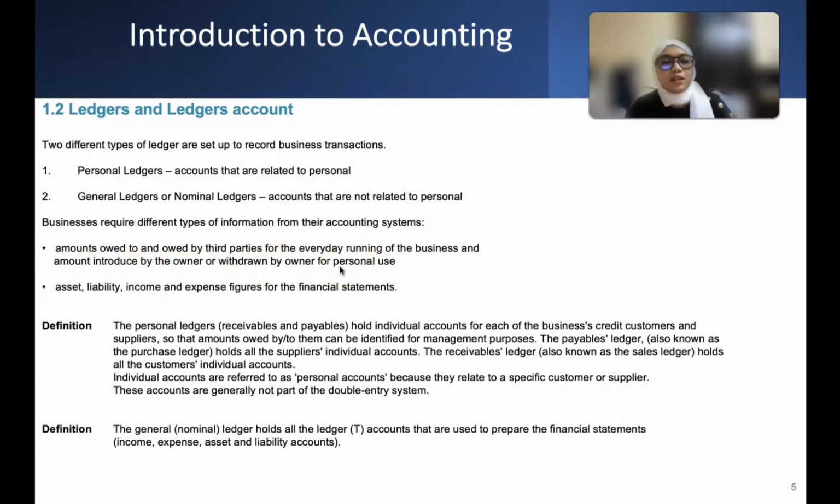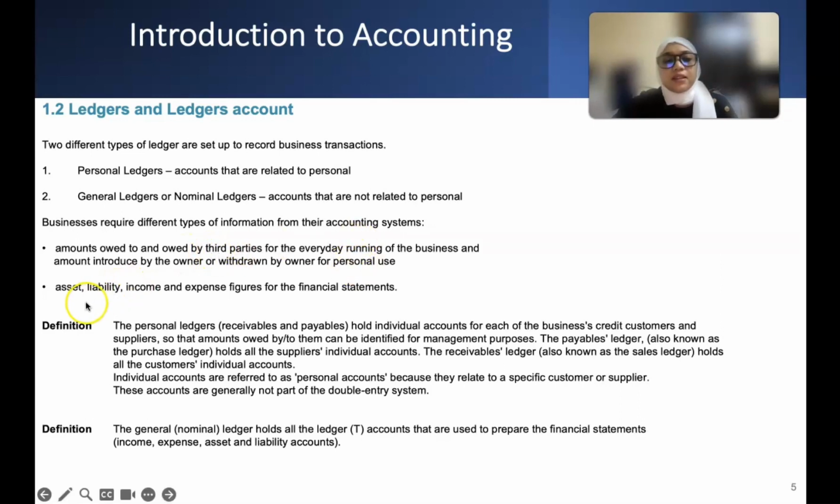The amounts owed to and owed by third parties for everyday transactions are related to personal, or the amount that is introduced by the owner or withdrawn by the owner for his personal use. This is also a type of personal account.